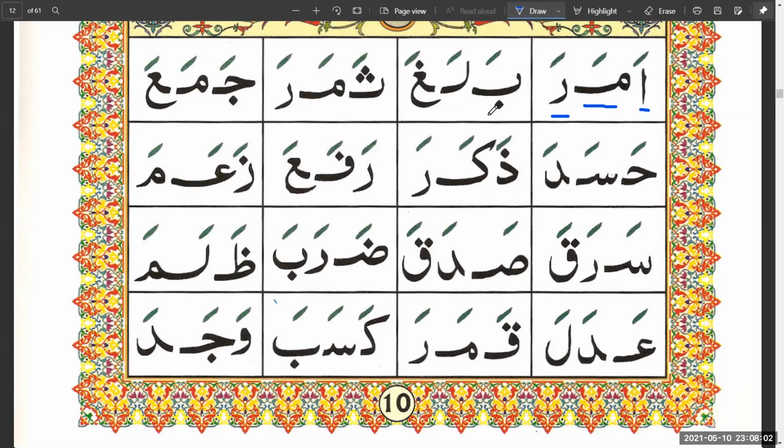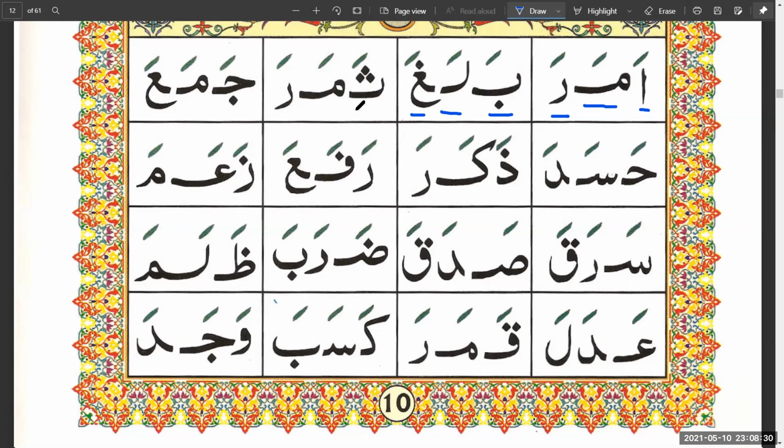One dot on the bottom. Which one's that? If you said ba, you were correct. We have ba, fatha, ba, lam, fatha, la, and ghain, fatha, gha. Ba la gha. Next one.